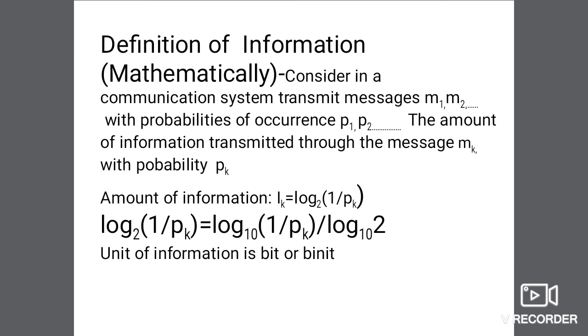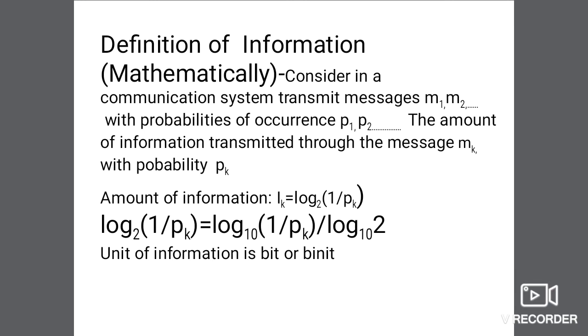Here we use log base 2 because we can transmit the binary digit 0 or 1. Log 2 of 1 upon Pk is equal to log base 10 of 1 upon Pk divided by log base 10 of 2.